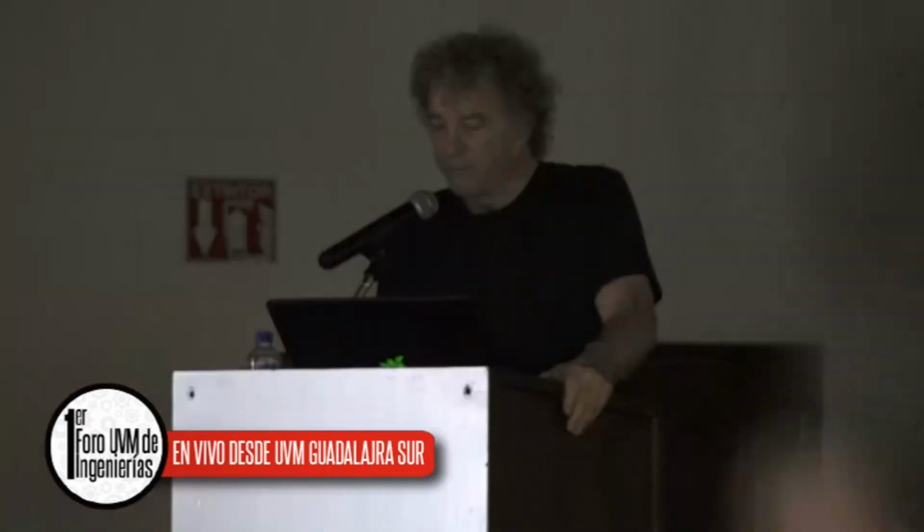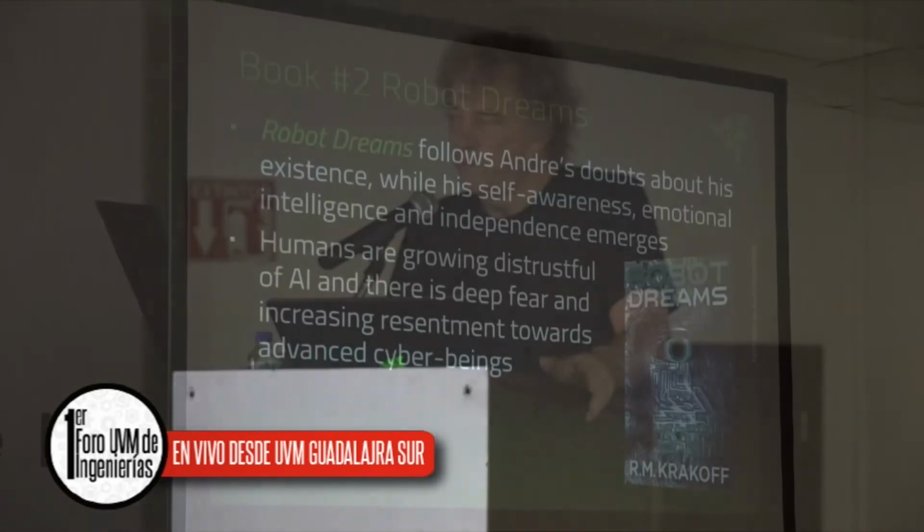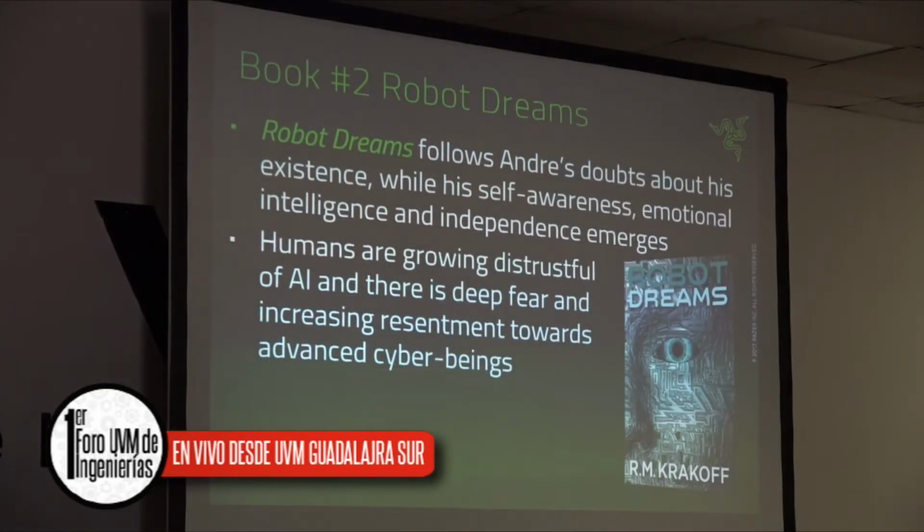In Robot Dreams, Andre has moved along a few years later, and he now starts to have doubts about his existence, particularly in the areas of self-awareness, emotional intelligence, and some of his independent thoughts begin to emerge. Humans are growing distrustful of artificial intelligence, and there is a deep fear and increasing resentment towards advanced cyber beings.